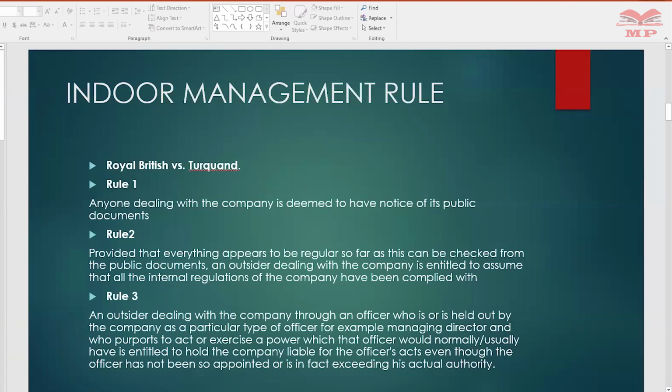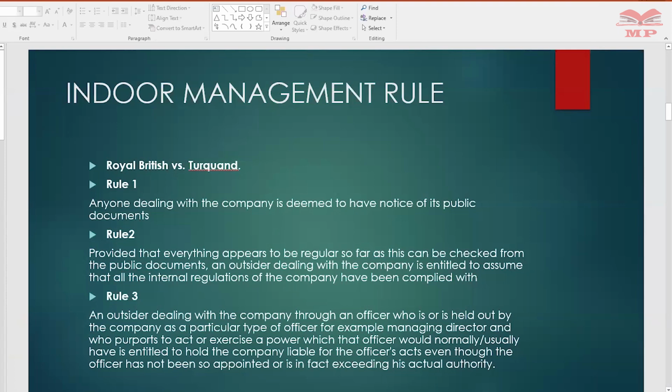But if the company refuses to ratify, the normal principles of agency and the rule of indoor management will apply as long as the lender provides that he lent the money in good faith and without notice. So two things must be done where the company refuses to ratify. You see, when the company ratifies, there are no issues. The contract proceeds as was expected and life continues. Where the company fails to ratify, the rules of agency apply, the director is deemed to be an agent of the company.